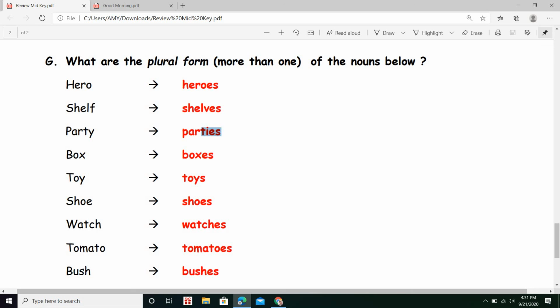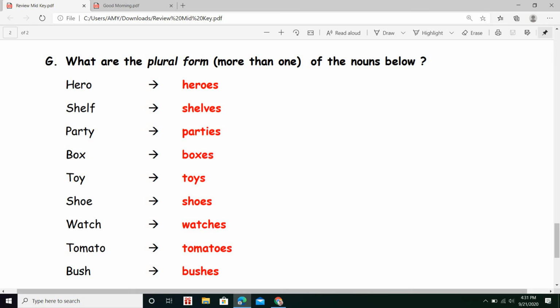It becomes parties. So the plural form of party is parties. Well, for box, because box is a noun that ends with X, we add ES to change it to plural form.